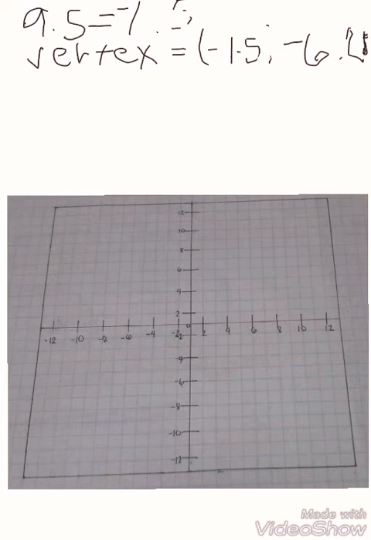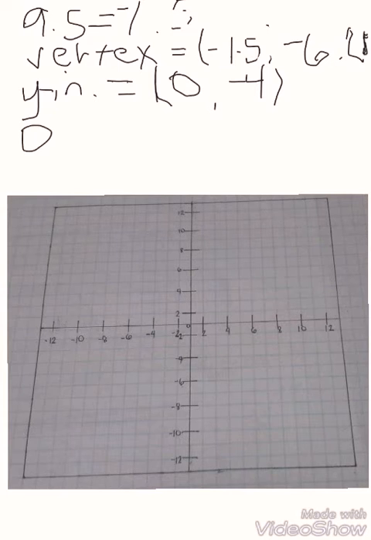Then we write the y-intercept. The y-intercept is 0 and negative 4. And then the other point was 1 and 0, or the 0 and the negative 4.